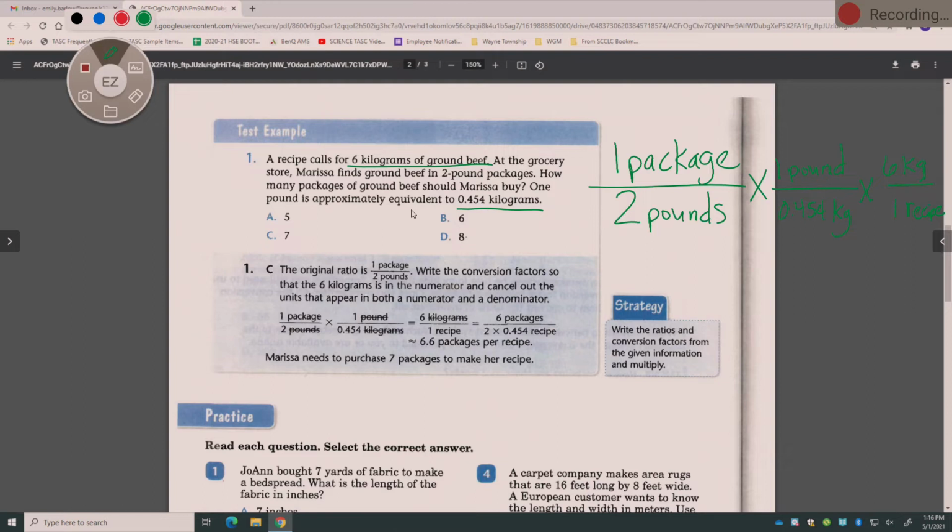So if I math this out, I can cancel out my pound here and my pound here because they're across from each other. I can cancel out my kilogram here and my kilogram here. And when I do my math, I get 1 times 1 times 6, so 6 packages per 2 times 0.454 times 1.